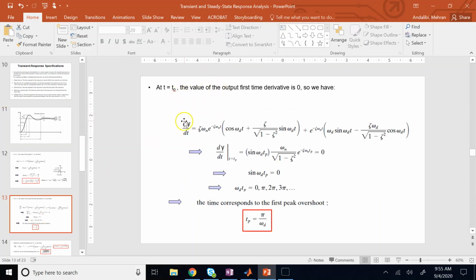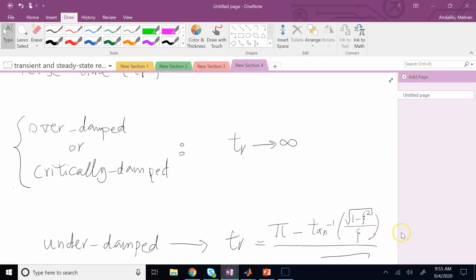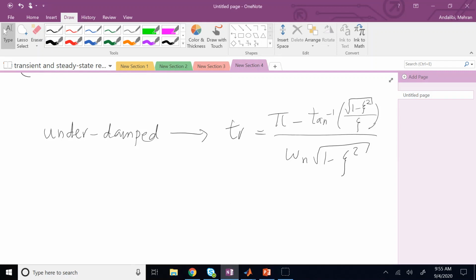So if you take a derivative of your function, set it equal to 0 and solve, you can find that Tp is simply pi over what? Omega d. It is very similar to the rise time, except you don't have this arctangent part. It's simply pi over omega d.